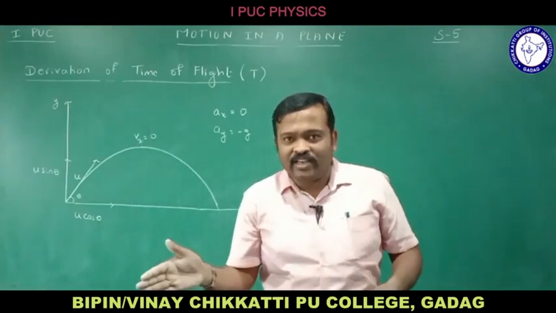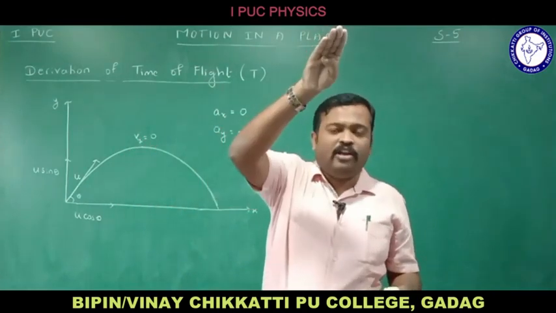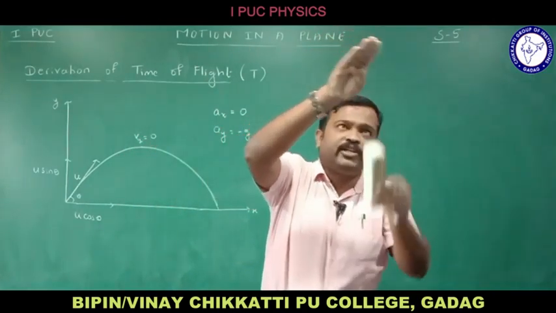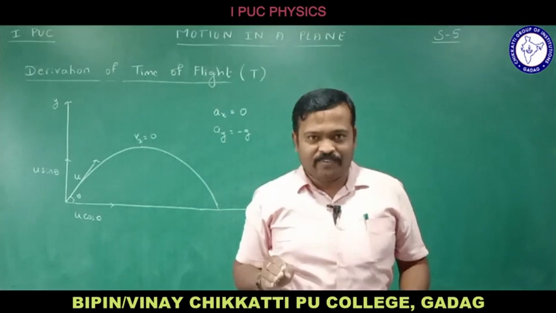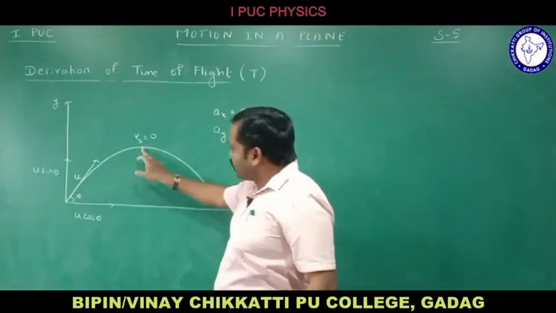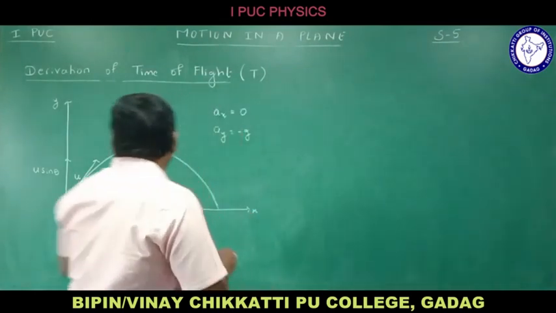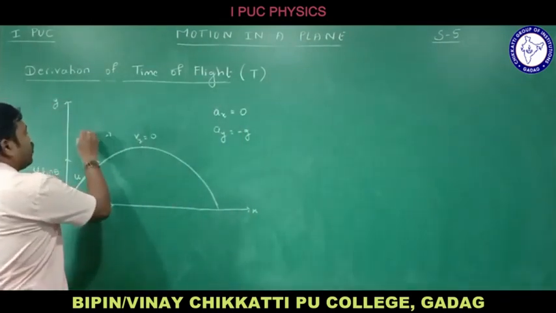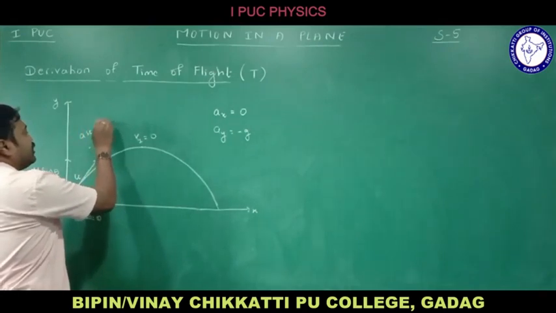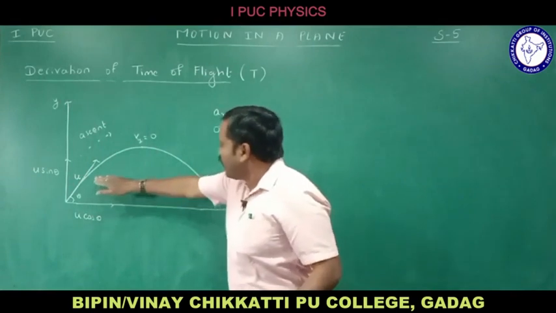So the time taken by the object to go to the maximum height is equal to the time taken by the same object to come to the ground. The time taken to go to the maximum height is called time of ascent. Ascent means the body goes up to the maximum point.